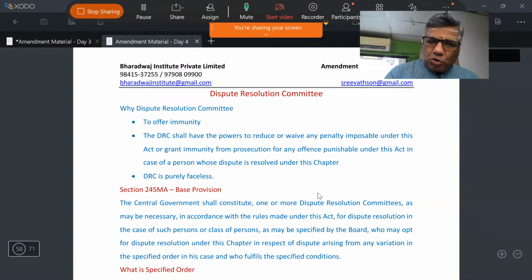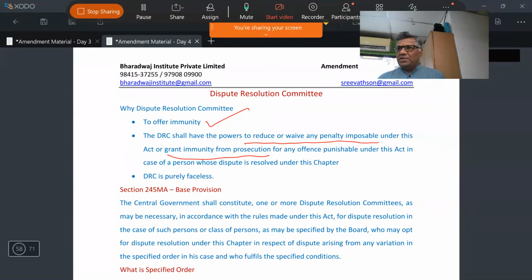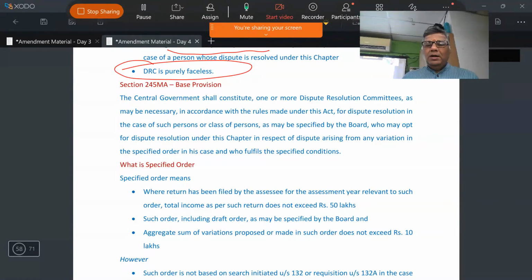Their role is to offer immunity, to reduce or waive any penalty which is imposed under this law and grant immunity from prosecution, sentencing them to jail, etc., of any punishable offense, and it is purely a faceless procedure. It is not a meeting of the AO.